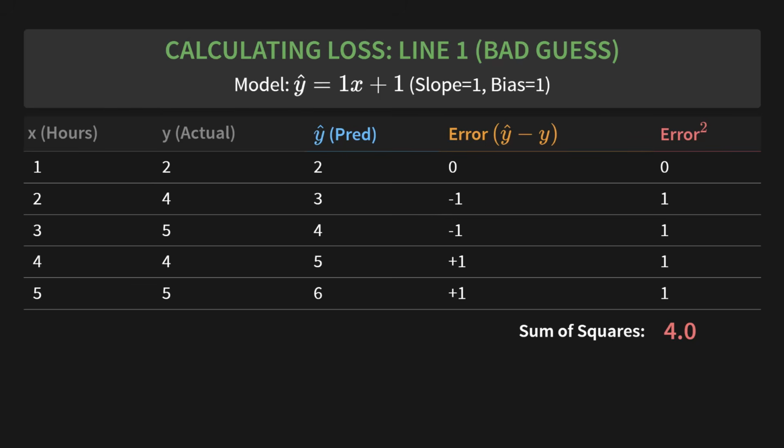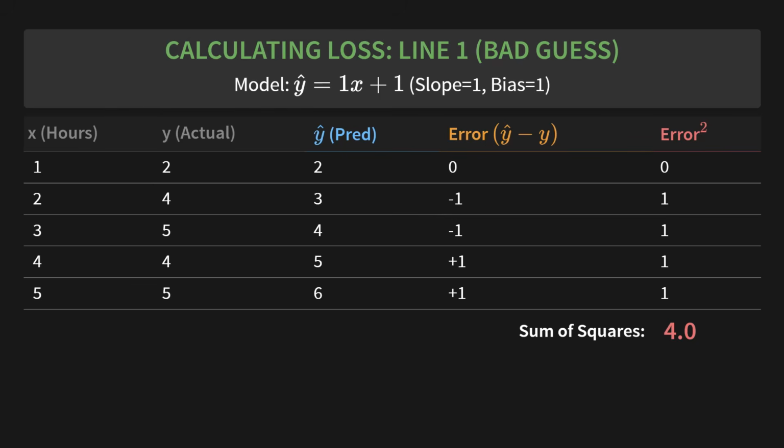Easy enough. Next point. X is 2, actual y is 4. Our model predicts 3. The error is 3 minus 4, which is -1. Squared, that becomes +1. See the pattern? We just repeat this for all the points. For x equals 3, the error is -1, squared is 1.